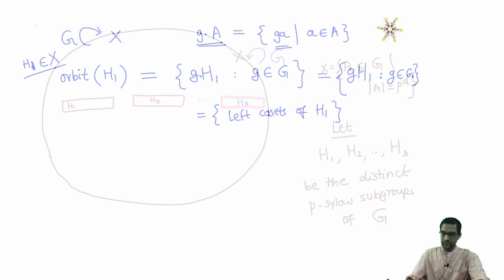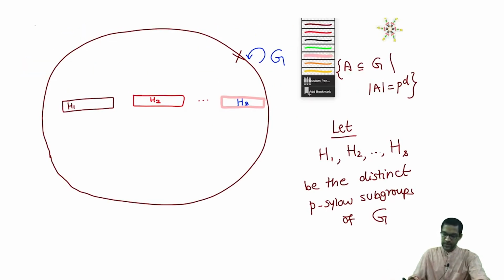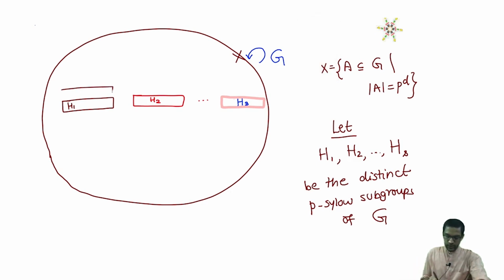So this is a first interesting fact here, that when I look at H1, its orbit under the group is just going to be its various left cosets. So let me just mark them here. These are the various left cosets of H1, the various gH1s. So this is the orbit of H1.